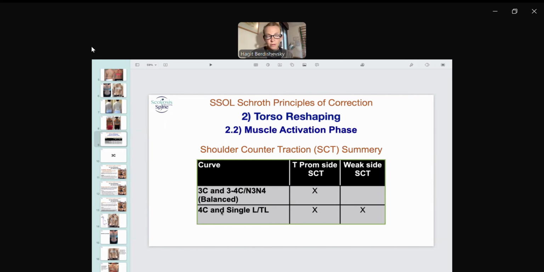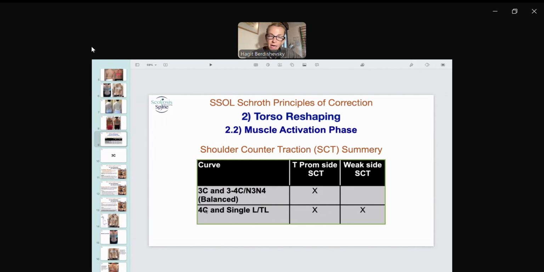And then the 4C and the single lumbar or thoracolumbar, which is considered to be basically a lumbar region curve, the single, and they are both primary lumbar curves. The 4C has both thoracic and lumbar.